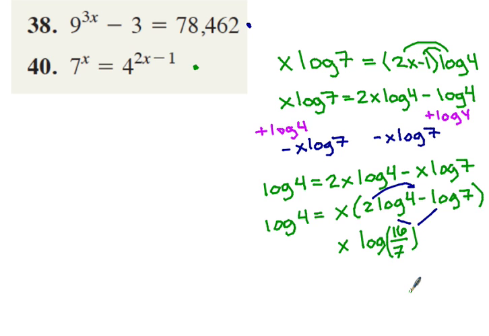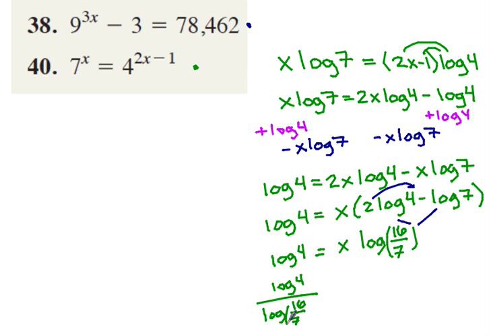That's just going to turn into a nicer right side there. And then to get x by itself, we're just going to divide, because that's just a number there. So x is going to equal log 4 divided by log of 16 over 7.